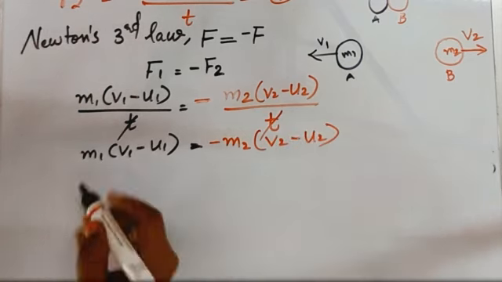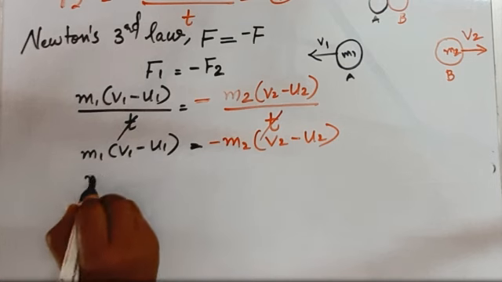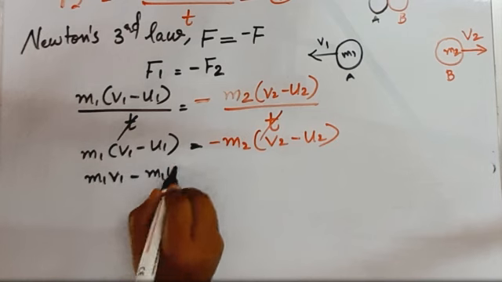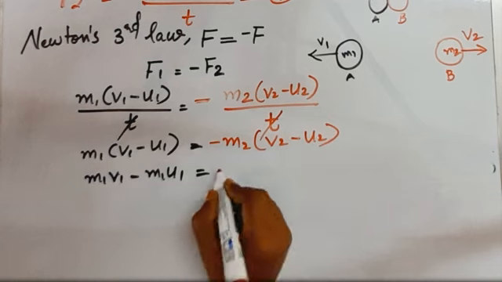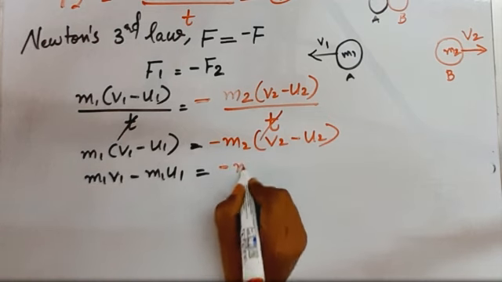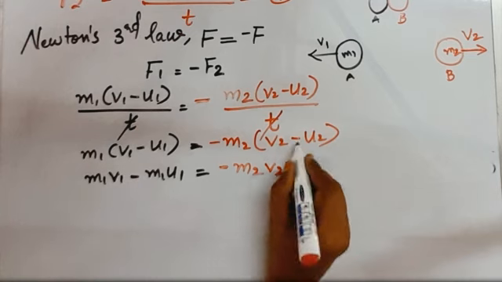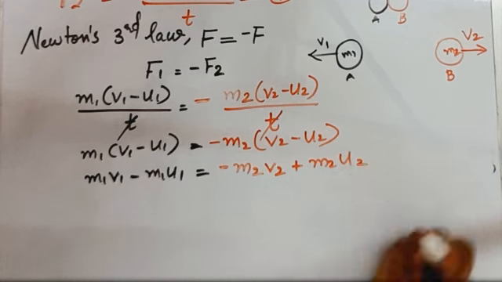Then multiply M1 inside that bracket, and we will get M1 V1 minus M1 U1 is equal to minus M2 V2 plus M2 U2.